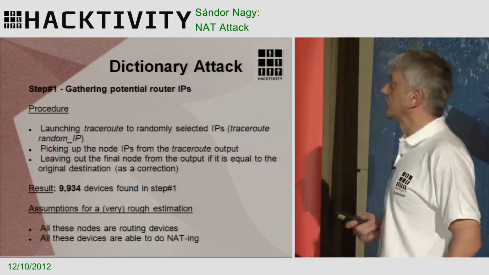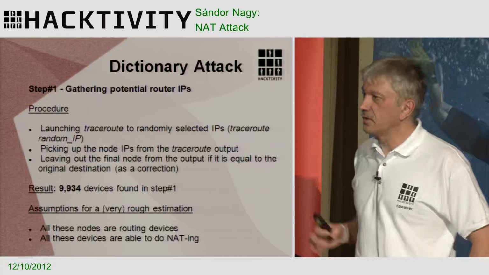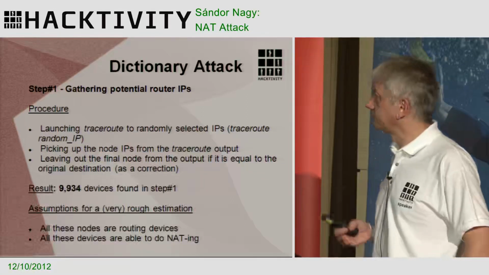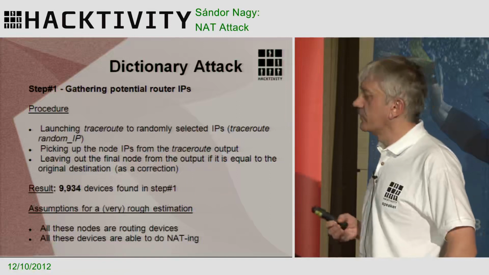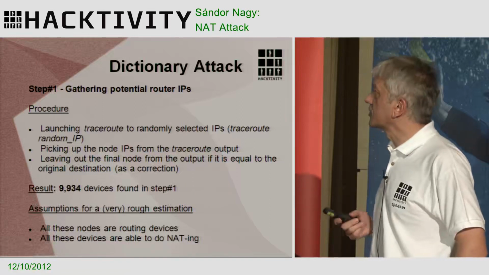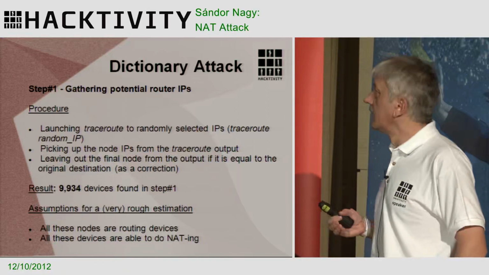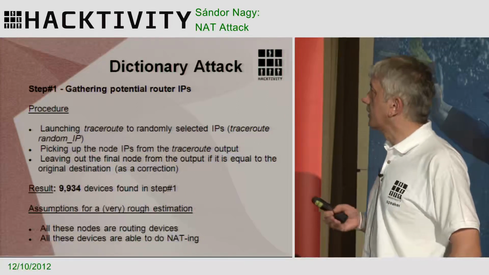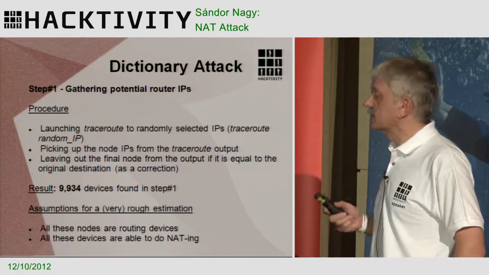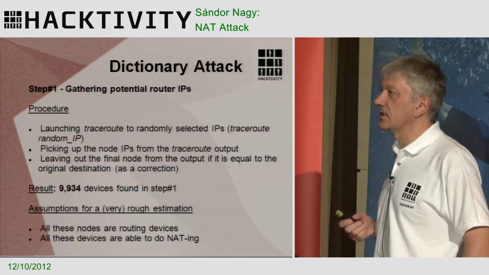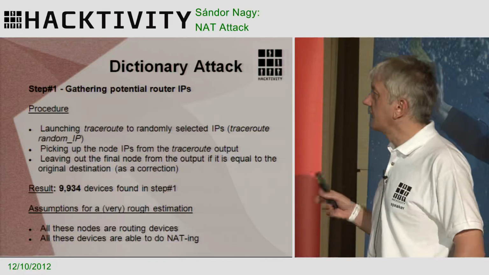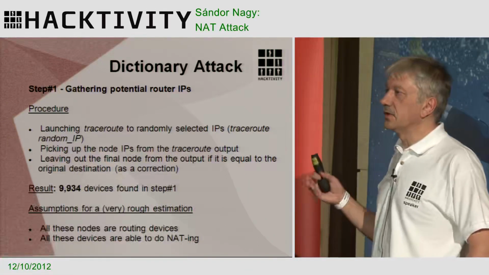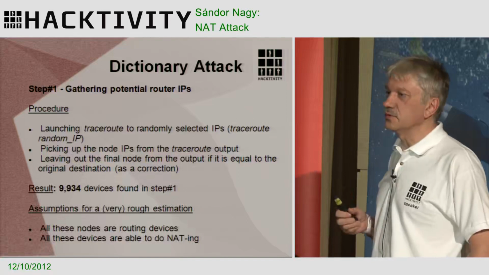First of all, gathering potential router IPs. We need just a really rough estimation. The procedure to gather potential router IPs is quite simple. We just use traceroute to randomly selected IPs and pick up the nodes from the traceroute outputs.